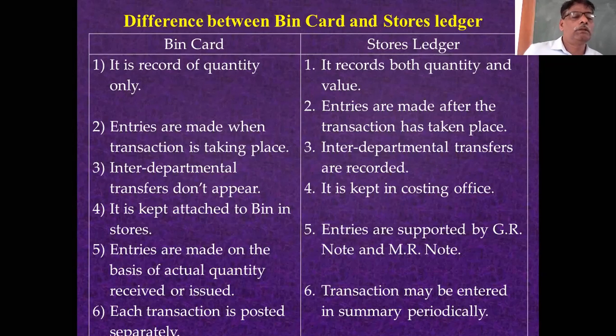And the fourth difference is that the bin card is kept attached to the bin in the store. The bin card is always in the bin itself, and the store ledger is kept in the costing office, in the cost accounting department. And the fifth difference is that the entries are made on the basis of actual quantity received or actual quantity issued. On that basis, we record the bin card.